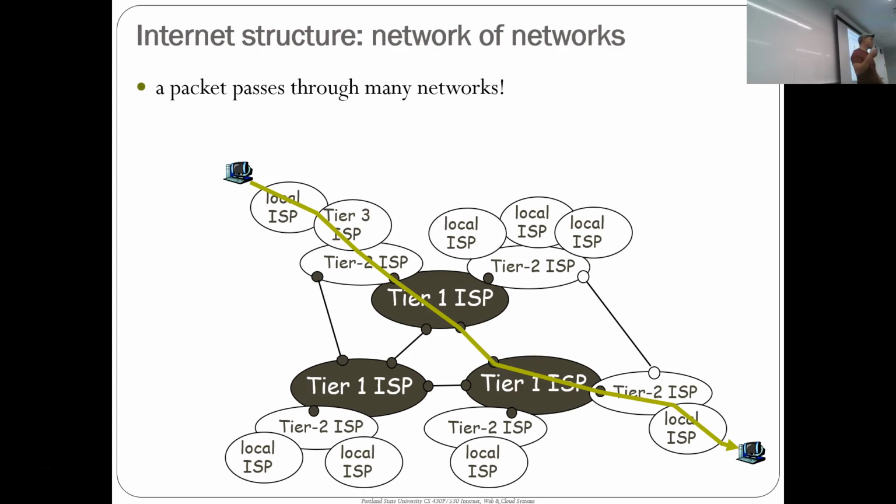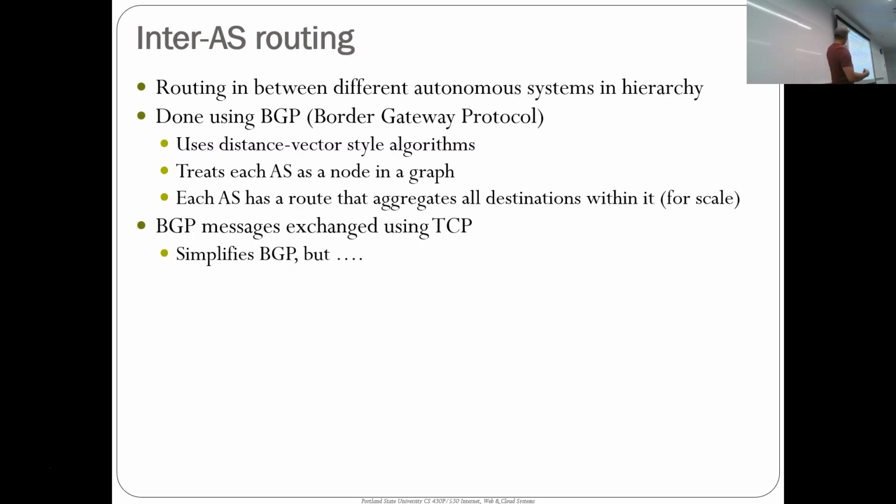In order for them to route properly between ASs, they have to run a routing protocol, and that routing protocol is called BGP. So the inter-AS routing is done with BGP, and it uses distance vector to basically gossip routes across the internet.